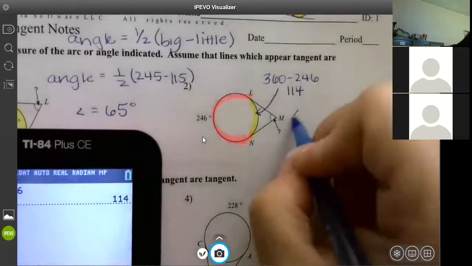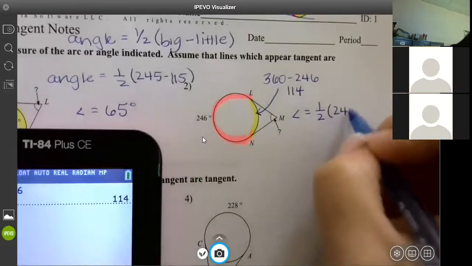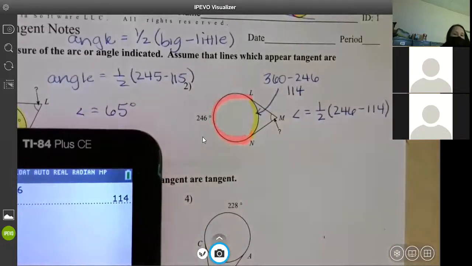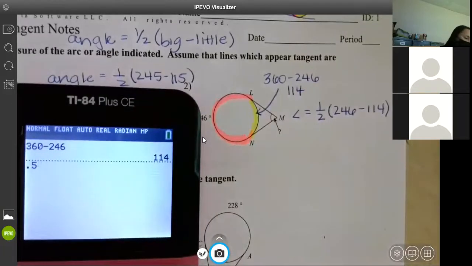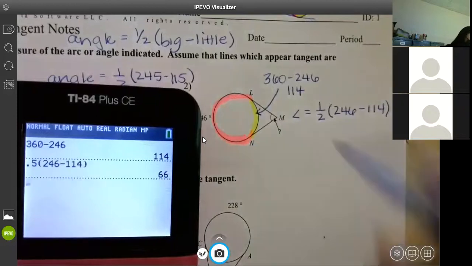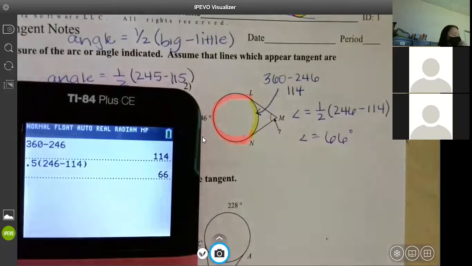So angle equals half of the bigger one, 246, minus the little one, 114. So again, I just do 0.5 times 246 minus 114, and I get that the angle is 66 degrees.